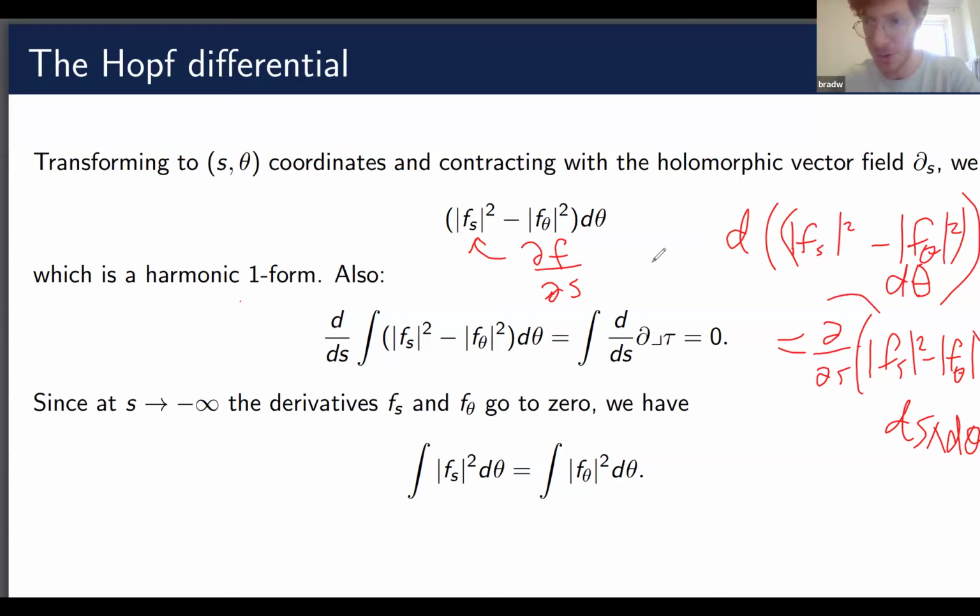So we know that this coefficient here must be zero. So this thing inside the integral is zero, and we're good.